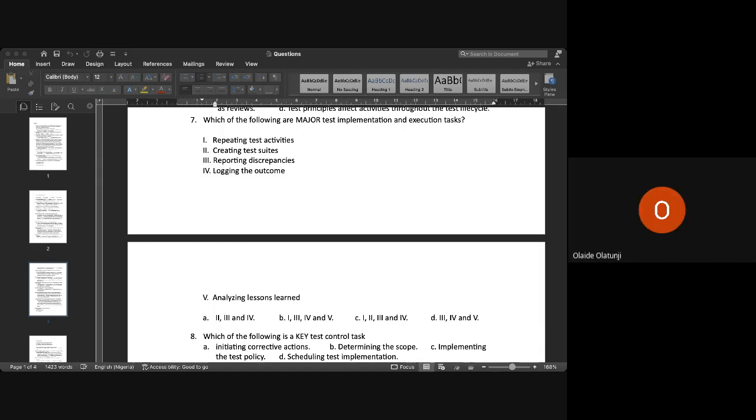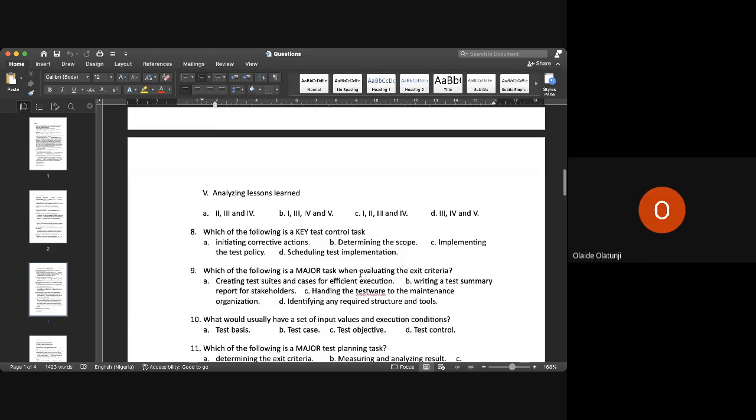Okay, next one. Which of the following is a key test control task? Do you know what test control is? I think test control has to do with test basis. No, what they are talking about, oh, here is test monitoring and control.